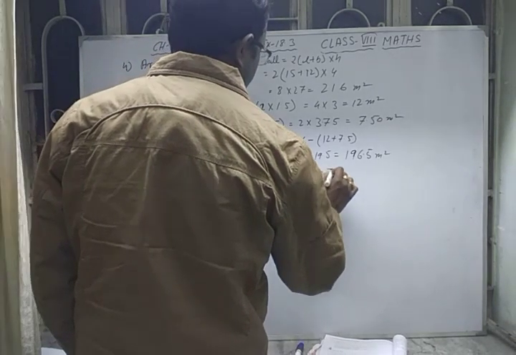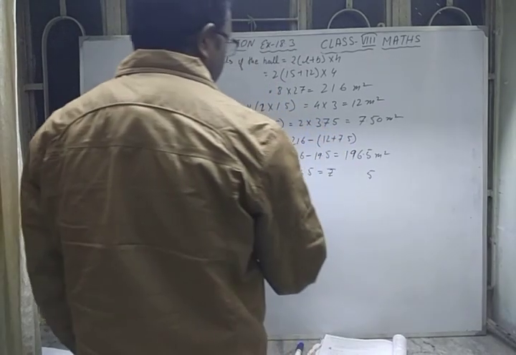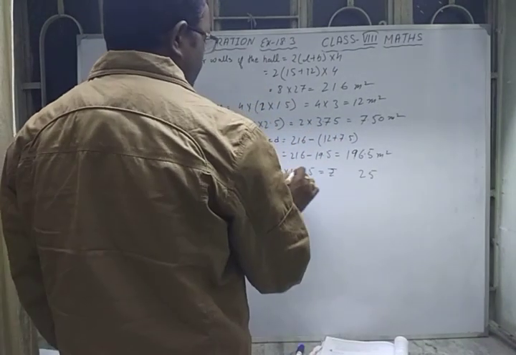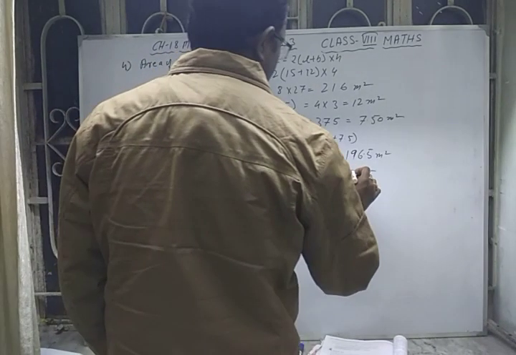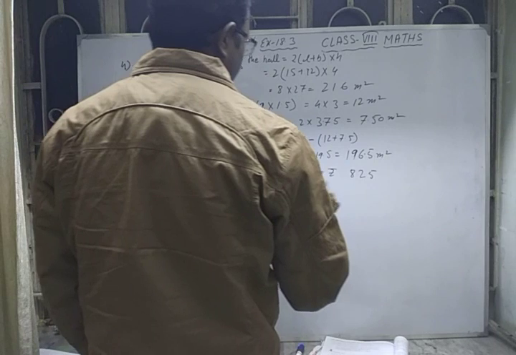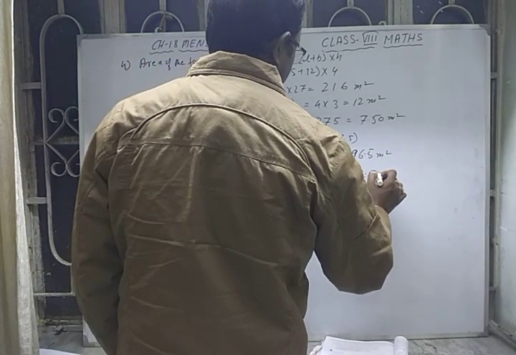So this is equal to rupees: 5 5s are 25, carry over 2, 5 6s are 30 plus 2 is 32, carry over 3, 5 9s are 45 plus 3 is 48, carry over 4, 5 1s are 5 plus 4 is 9. So 982.5 rupees.